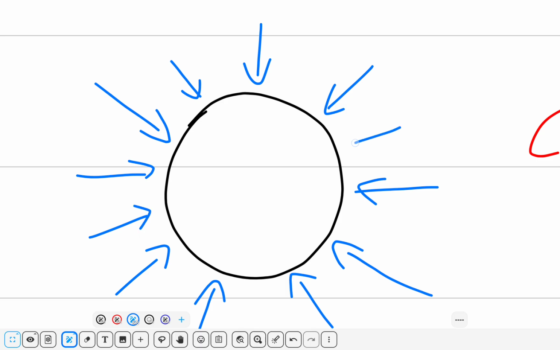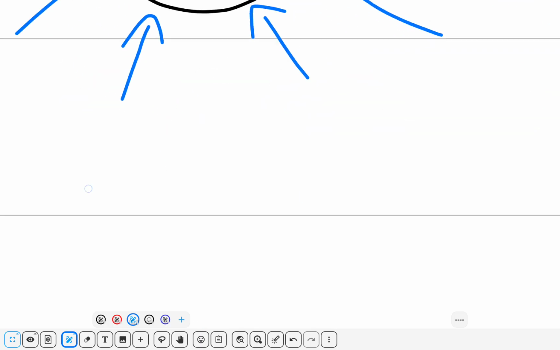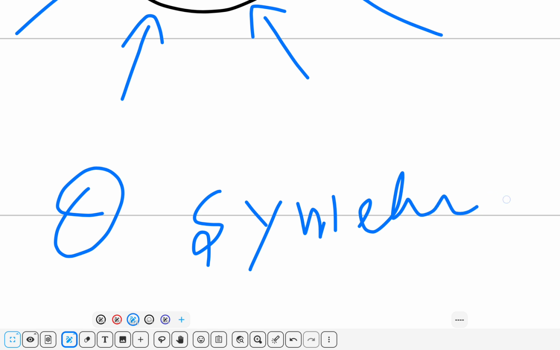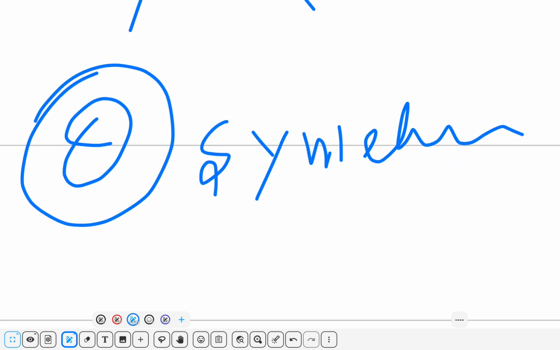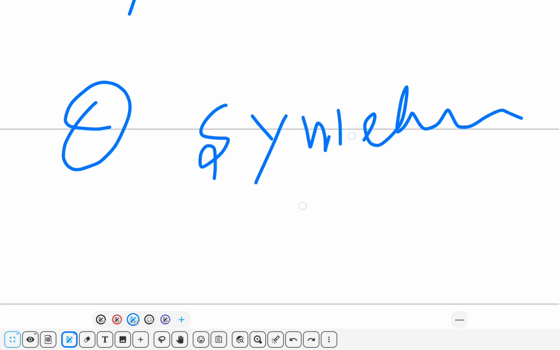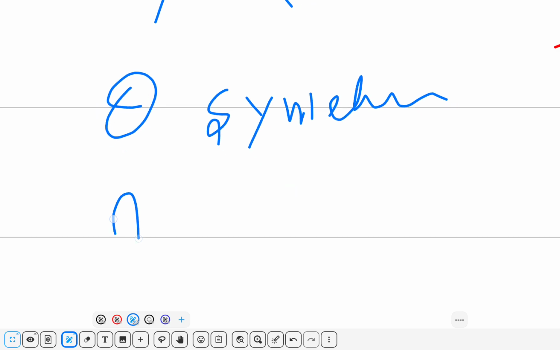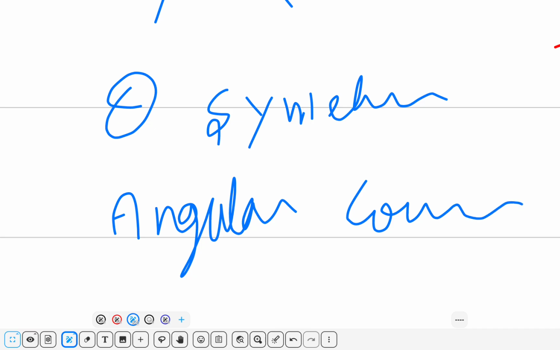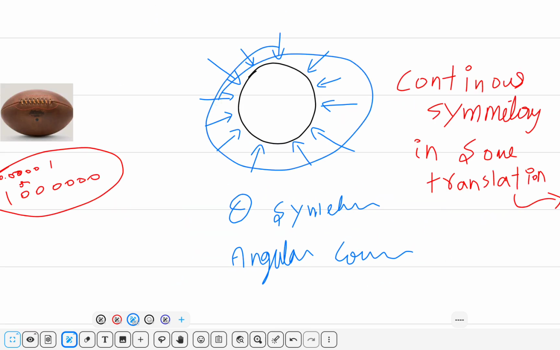So because of this angle symmetry, if I do translation in this angle, I am not getting any change. It turns out that there is a quantity called angular momentum, which is a constant of motion because of this symmetry.